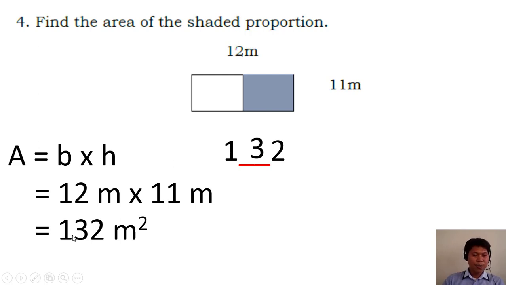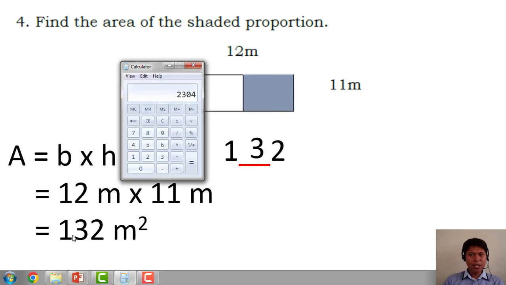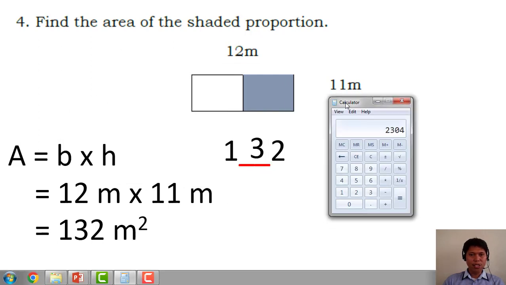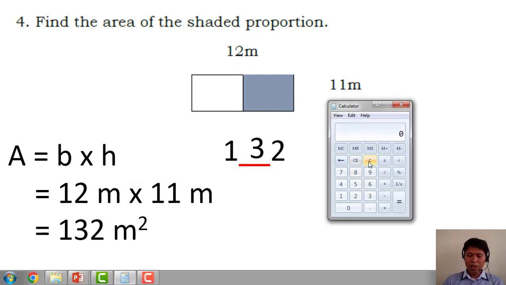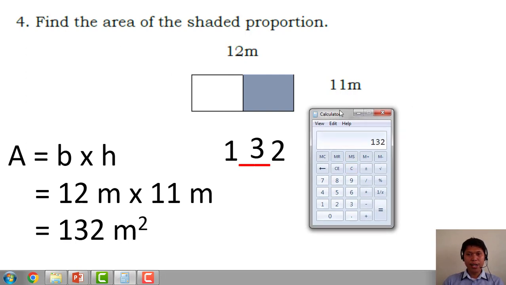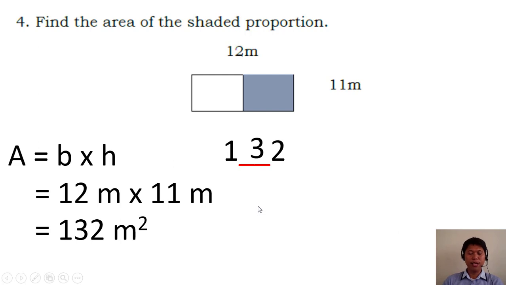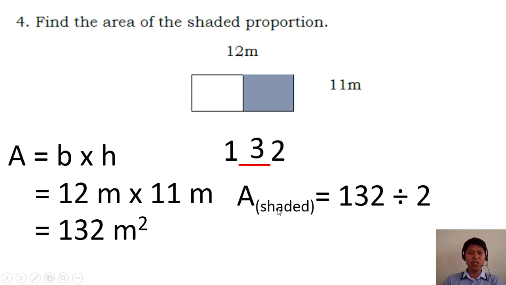Okay, if you want to check, try to use a calculator to see if it is really correct. So you have 12 times 11 is, see, it is 132. It is correct. Okay, so the answer is 132. But we need to find half of this 132 to find the area of the shaded portion.